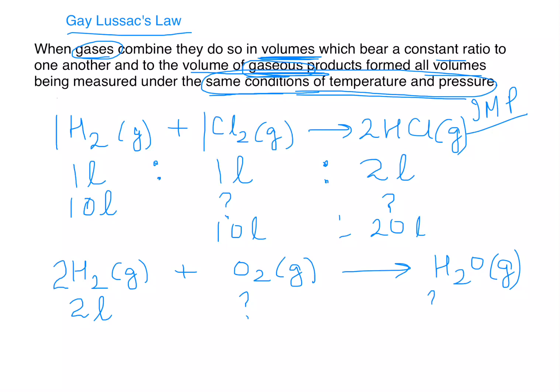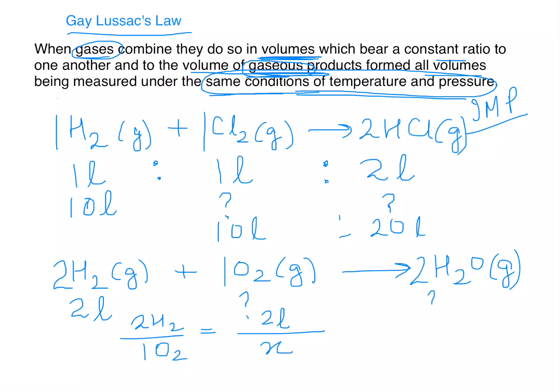First and foremost, we will balance this equation. Now see the ratio. 2 is to 1 is to 2. So 2 parts of hydrogen combining with 1 part of oxygen is equals to 2 liters of hydrogen requiring how much of oxygen? Go ahead. Yes, it will be just 1 liter, right?